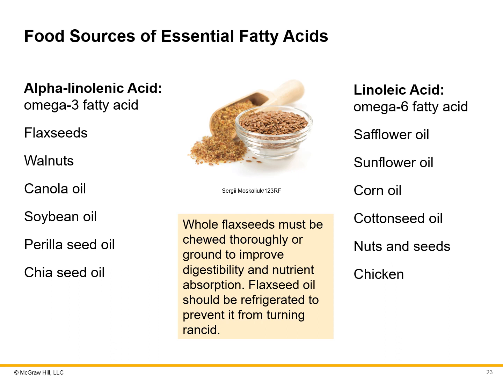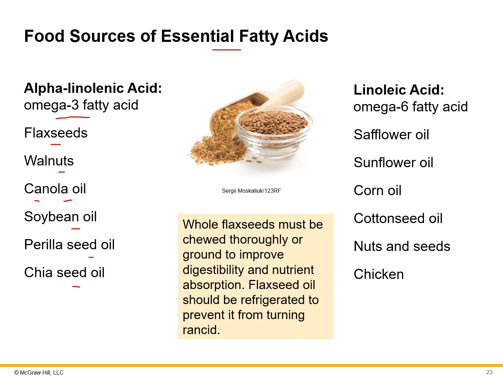All right, so again, some of the food sources for those essential fatty acids. The omega-3, the alpha-linolenic acids, places you can find these are flax seeds, walnuts, and a lot of the oils, like canola oil, soybean, perilla seed oil, and chia seed oil. We don't see those a whole lot.